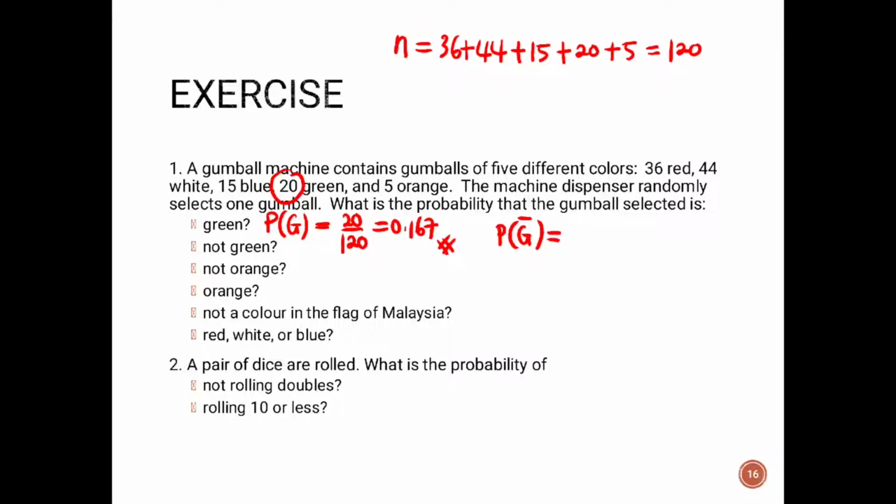So this is the same as 1 minus probability of G. So this is 1 minus 20 over 120. So this is 100 over 120, and this is equal to 0.83.